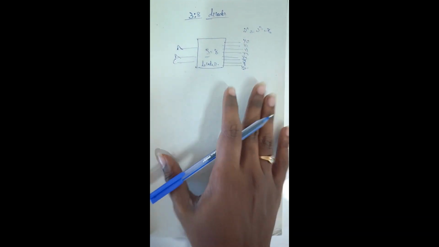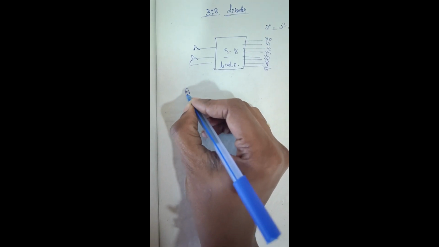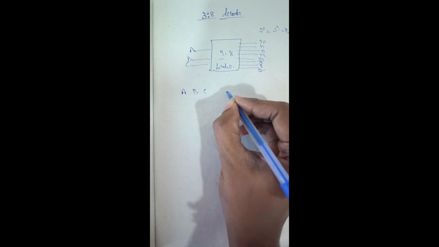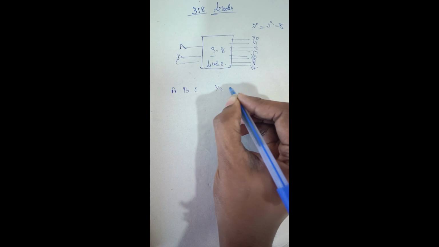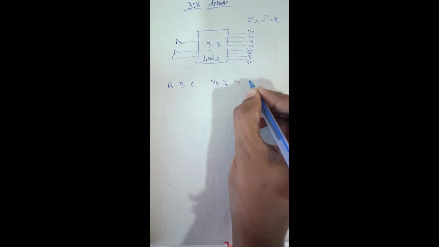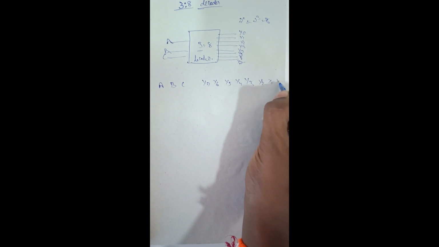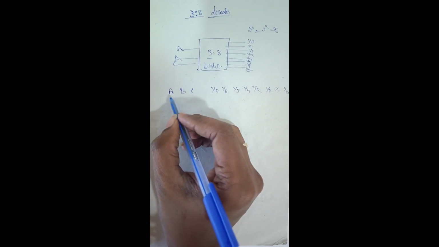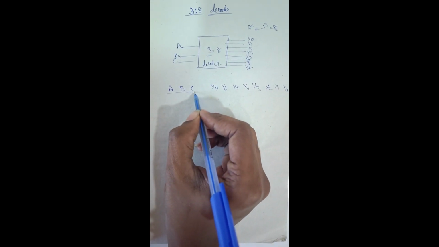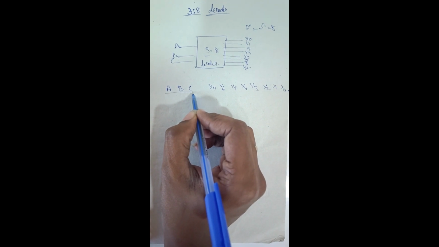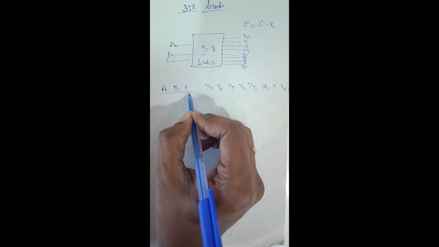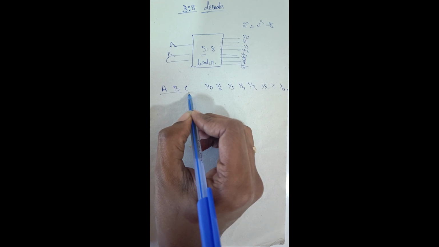Let us see the truth table of the 3:8 decoder. What are the inputs? A, B, C, and the outputs will be Y7, y6, y5, y4, y3, y2, y1 and y0, right? Here we will have 3 inputs. If we have 3 inputs, then the possible combinations are 2 power n, so 2 power 3, 8 combinations.